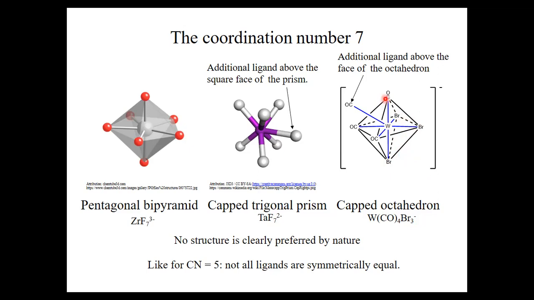And then we have 3 carbonyl ligands here and here that lie on the opposite triangular face, which is actually oriented in a staggered orientation relative to the first triangular face, and then the 7th ligand sits on top of the triangular face where the carbonyl ligands lie.